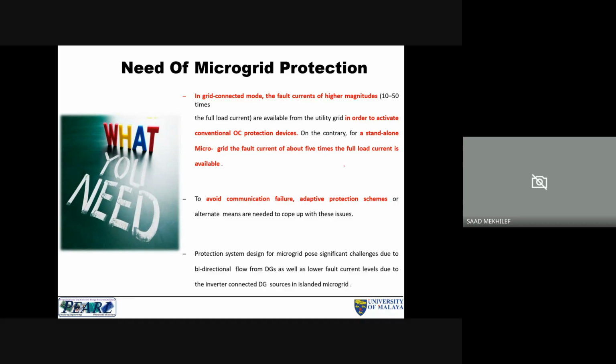On the contrary, in standalone mode, the microgrid fault current is about 5 times the full load current. So we're talking about a 10 times or more ratio between the two modes, and that actually makes it a bit challenging.